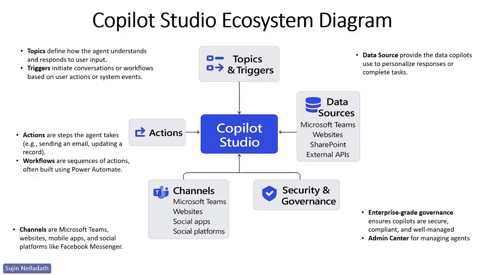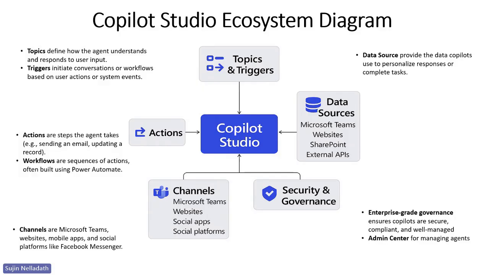So you have to literally train your agent by defining the topics, and the trigger will initiate the conversation in the workflow, and the action will perform the actions as the name states. It could be sending an email, sending a message, updating a record, it could be anything that you generally wanted to do with Copilot Studio. That can be done using the actions.